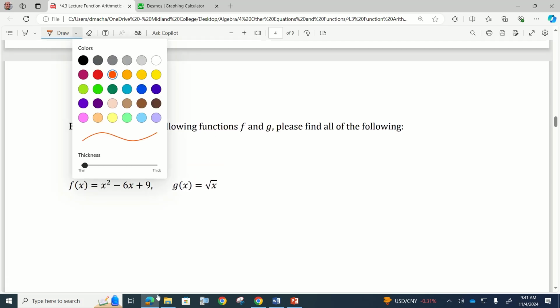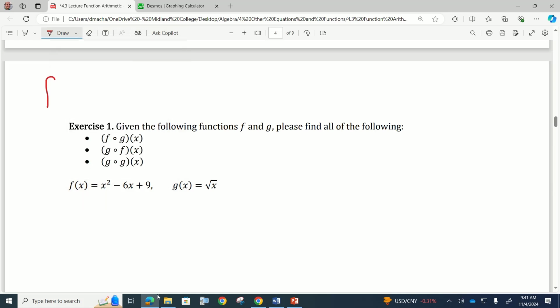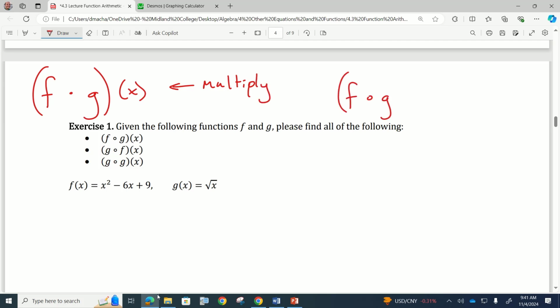And be very careful, because if I were to write this, that tells me to multiply the functions. But if I write this, that tells me to compose the functions. You see the difference?